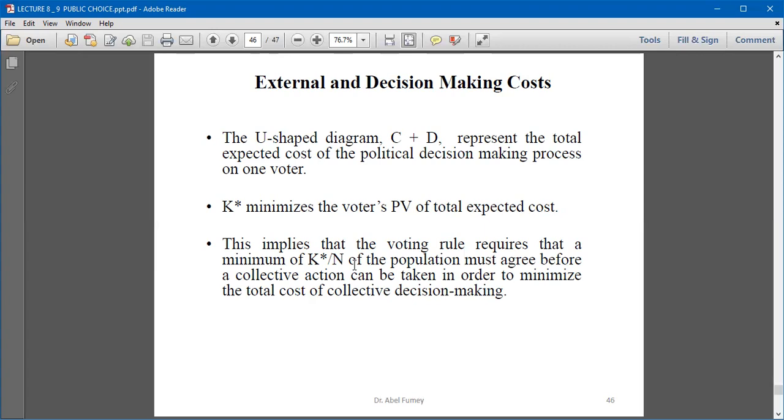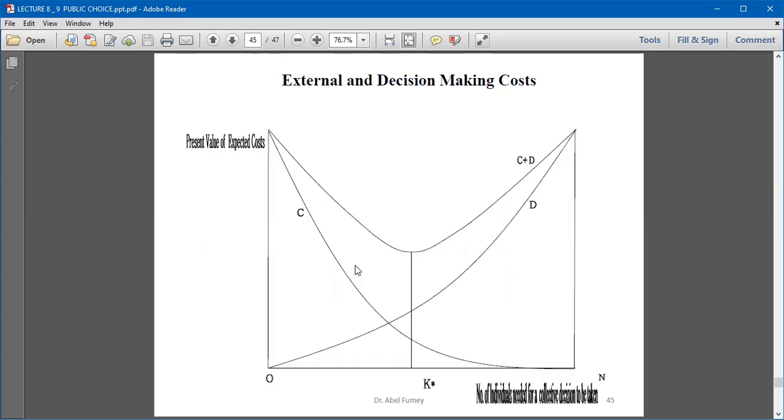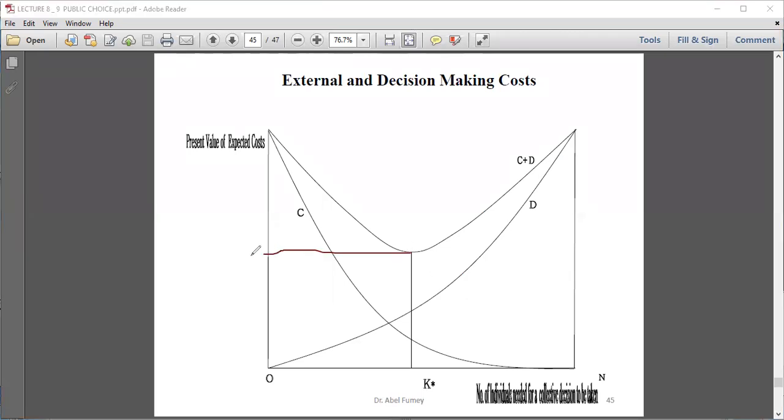If you look at this point here, it will give you the lowest total cost for the political process. Now we are combining both the external and the decision-making cost. We've added the two, and this is the point where we get the minimum.